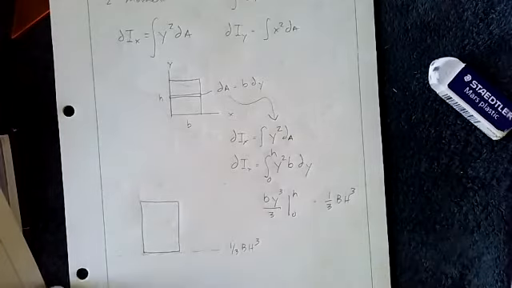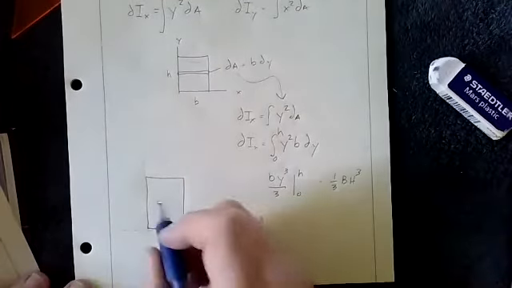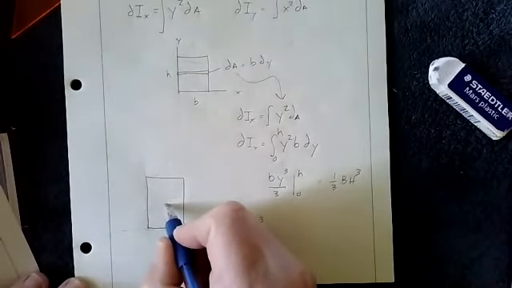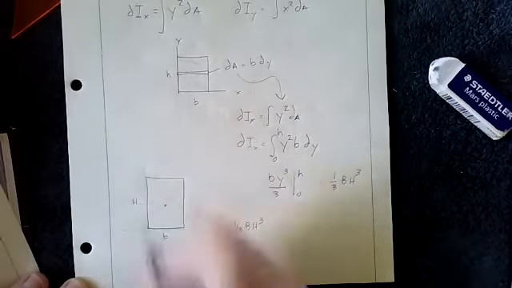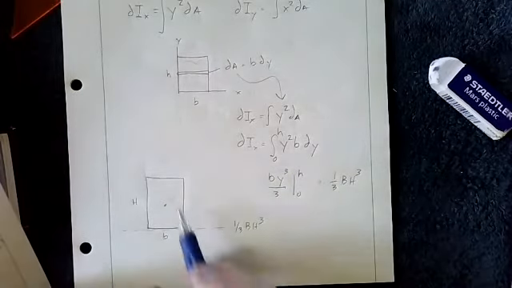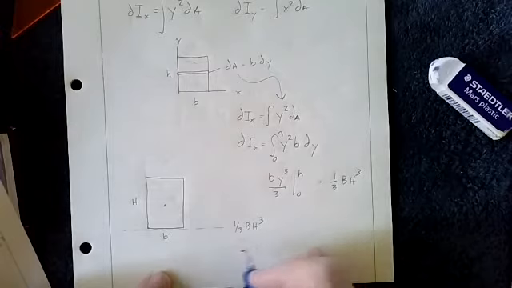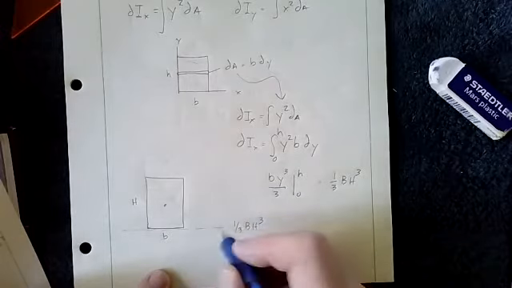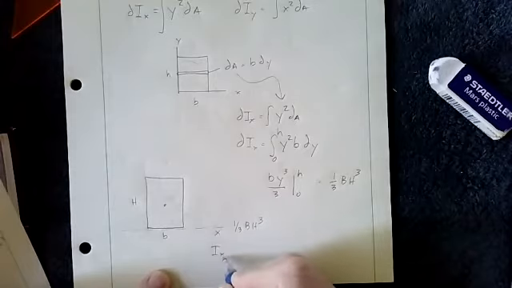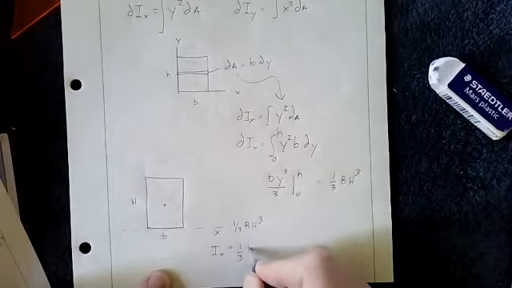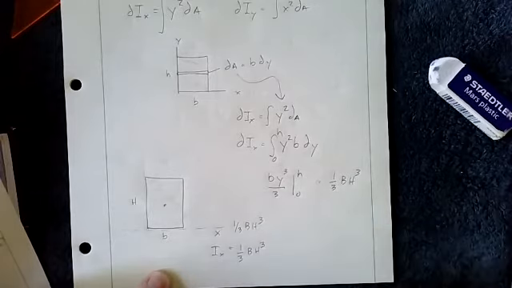All right. So let's imagine that here's the center, and again, we're calling this the base and this the height. So it does depend on your orientation. In this case, because we're taking this about the x-axis, Ix, meaning moment of inertia about the x-axis, equals 1/3 bh cubed.